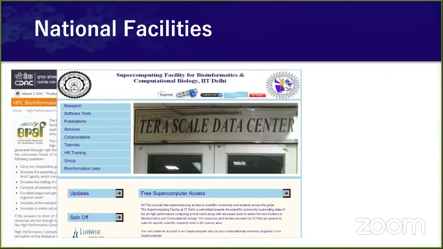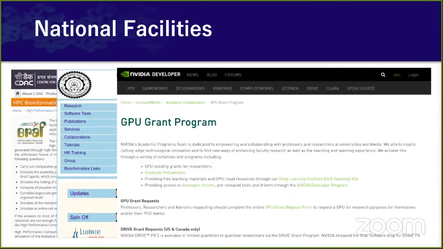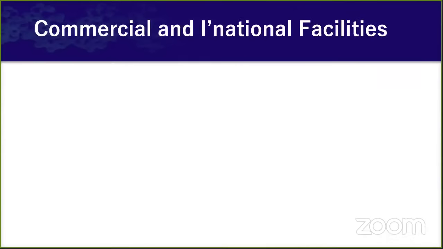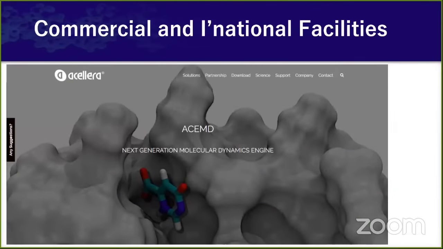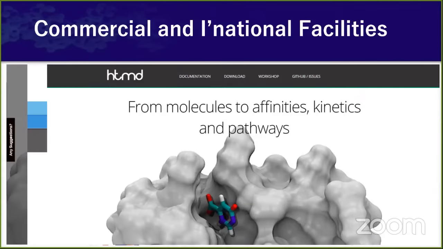So you can get very powerful nodes to process your simulations, or you can also approach companies like NVIDIA for a GPU grant to get a powerful machine for your own usage if you have a good proposal. There are also some commercial facilities or toolkits available, like SMD or HTMD for high-throughput molecular dynamics, which can also be utilized by people if they do not have enough resources.